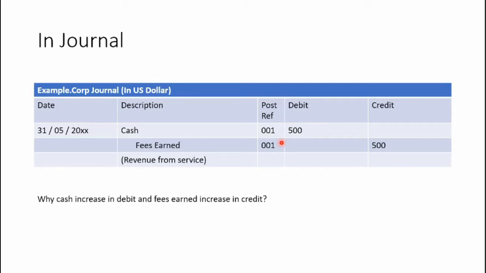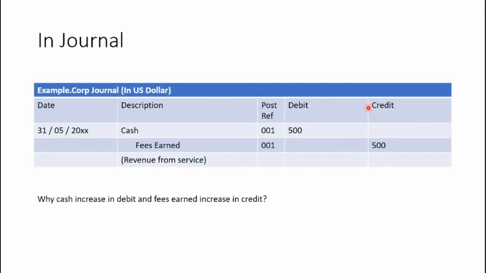But pay attention though, because every case or every company usually have some specific code to record their journal. So you need to pay attention to the code in the case for the journal number to fill this postref column.